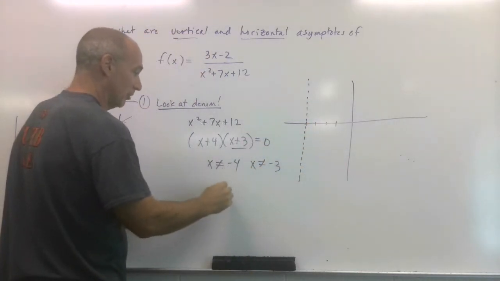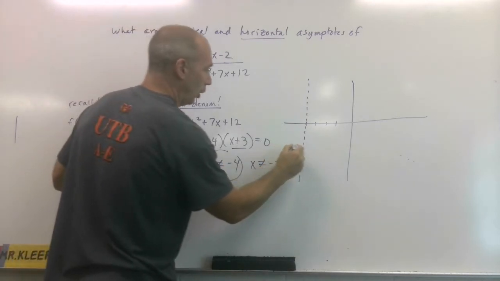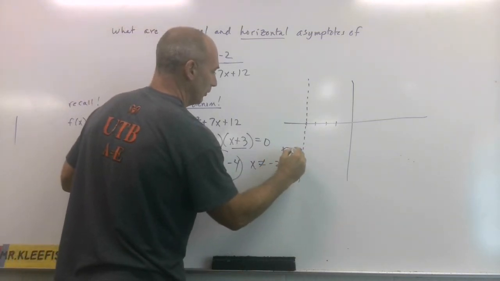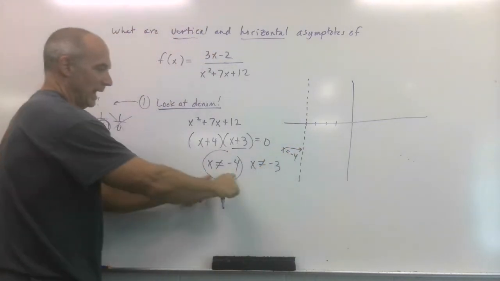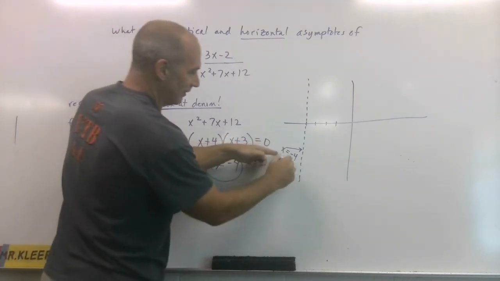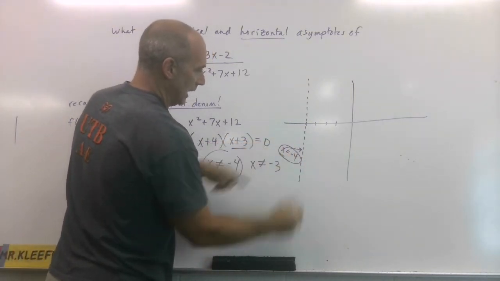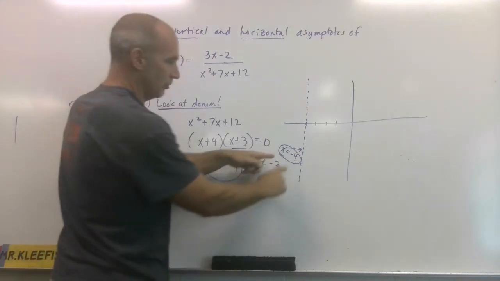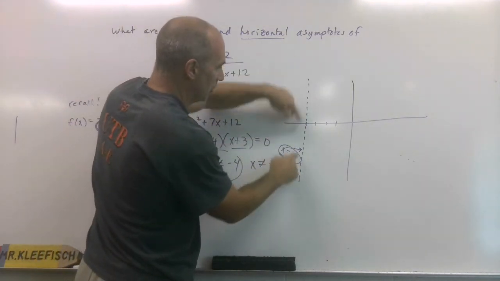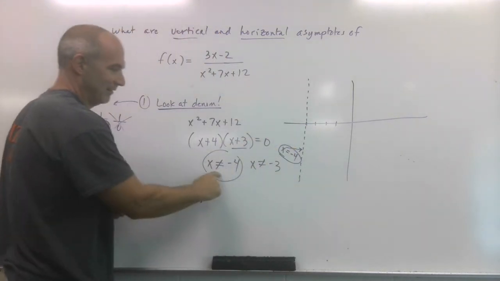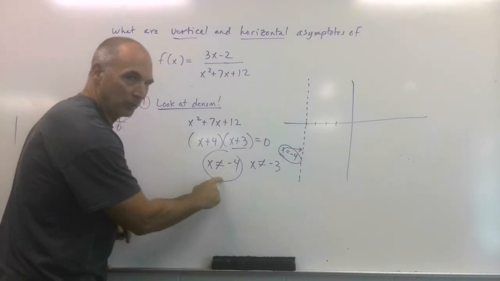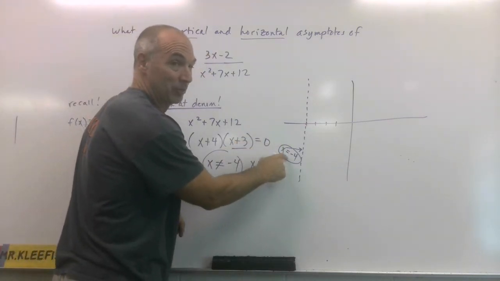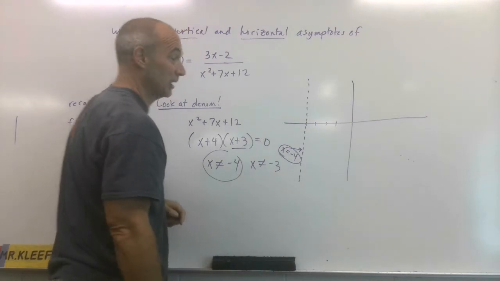So my asymptote is actually called x equals negative 4. Now this is what x can't be. This is the asymptote's name, okay? So remember, if they say, what's the asymptote? You don't say x can't equal negative 4. You're not wrong, but they want the equation of the asymptote. That's kind of hard for students initially.